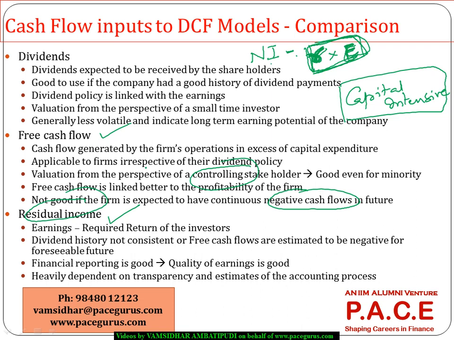So from that standpoint, it is very much possible that the free cash flow can be negative, whereas the net income can be positive. So for those kind of firms, probably using residual income based model is much more appropriate than the dividend or free cash flow based models.